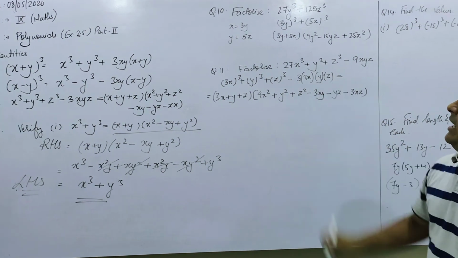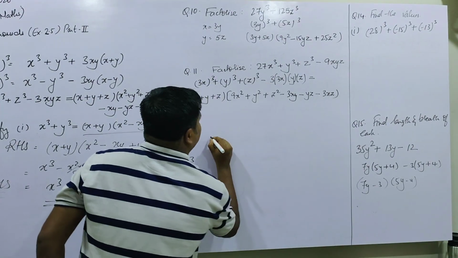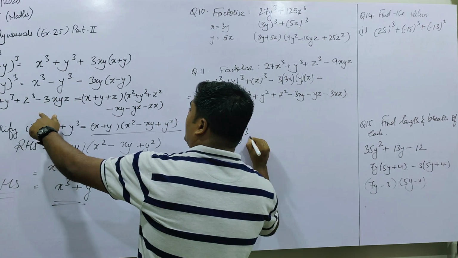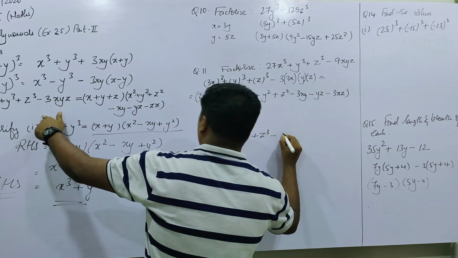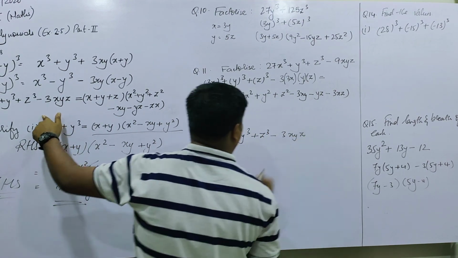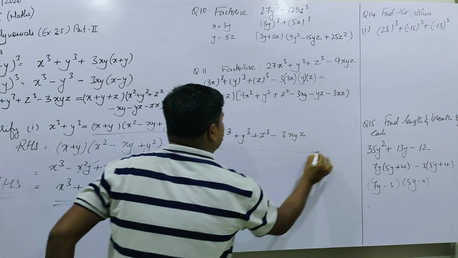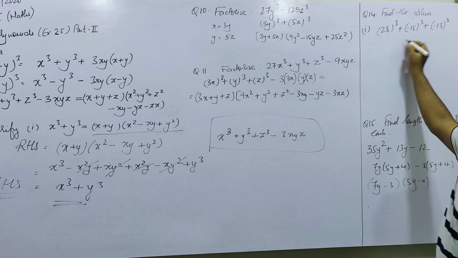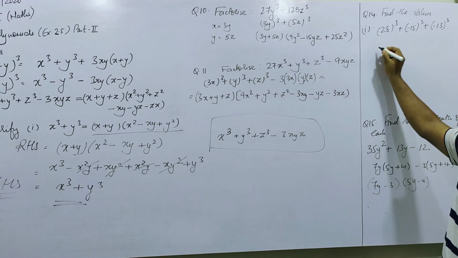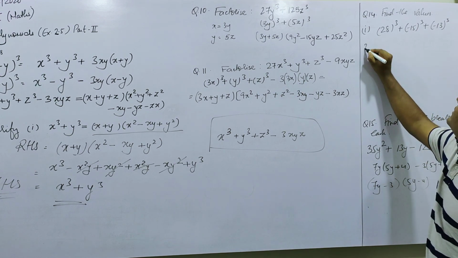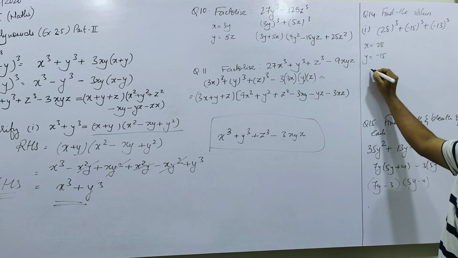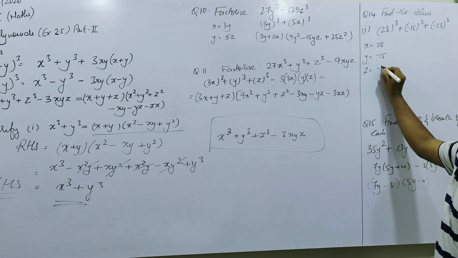Now let us see the value. Using this identity, you can conclude that x cube plus y cube plus z cube minus 3xyz... Okay, using this result, I am going to find the value for question number 14. Here I will take x as 28, y as minus 15 and z as minus 13.